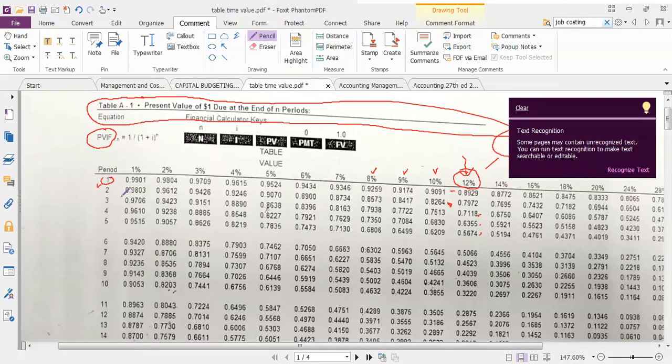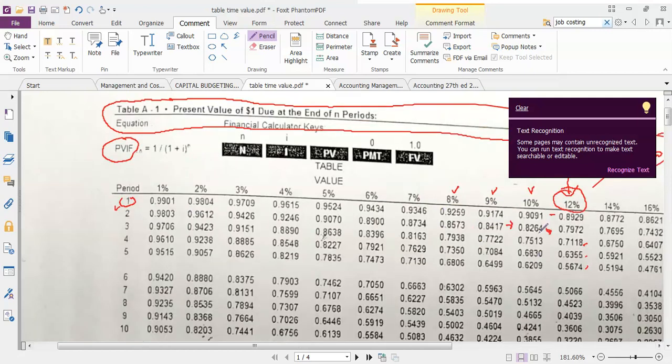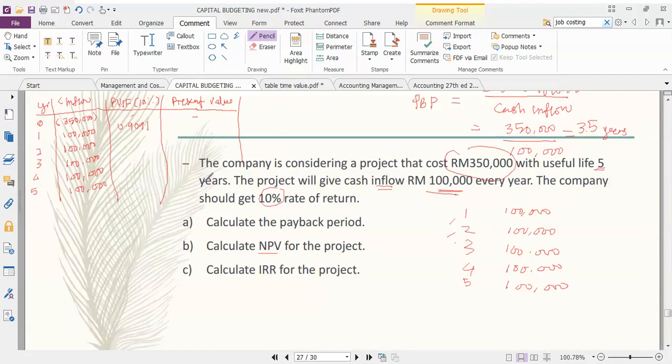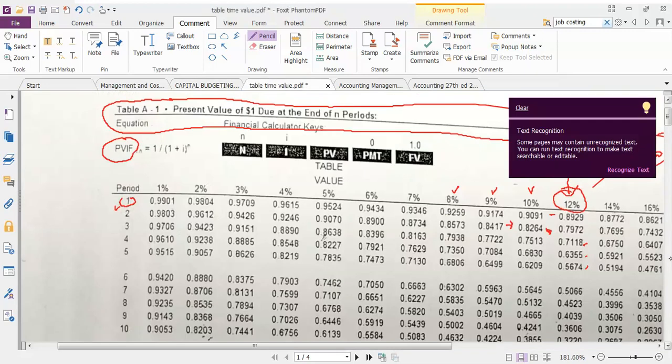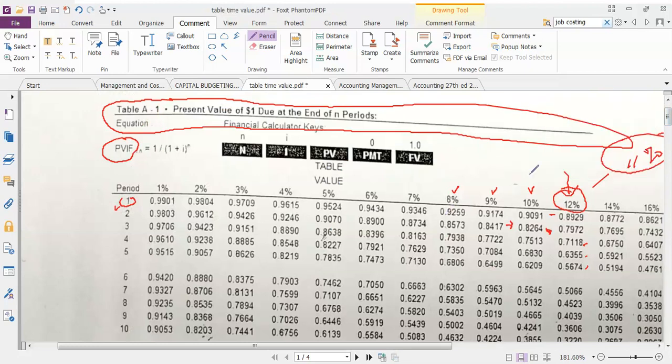Okay. Year 2 10%. Year 2 berapa? Berapa year 2? Okay, 0.8264. Oops. Okay. Seterusnya year 3. Okay, 0.7512.